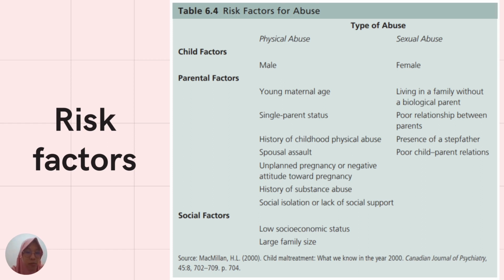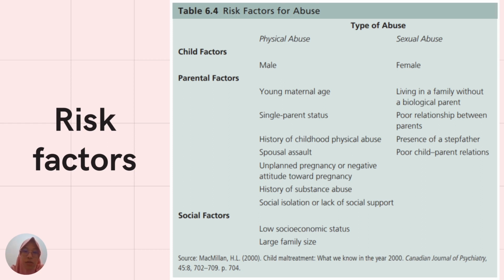And then for the parental factors, so the parent of the victim, for physical abuse, the parents usually have a young maternal age, so they become a mother at a young age, or they have single parent status, or they have a history of childhood physical abuse and spousal assault, or they have unplanned pregnancy or negative attitude towards pregnancy, or they have history of substance abuse, and lastly, they might have social isolation or lack of social support.